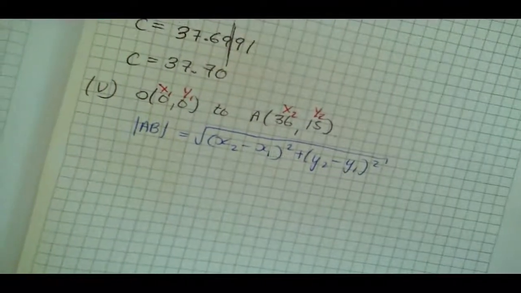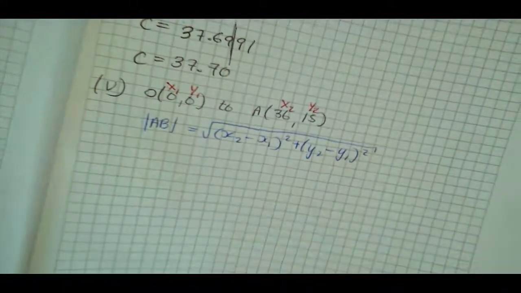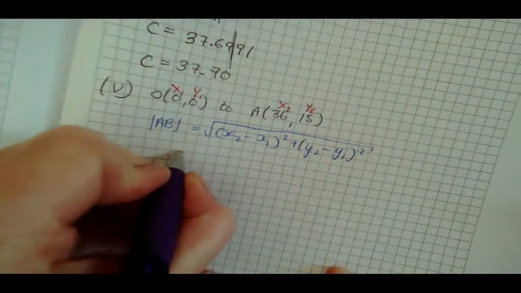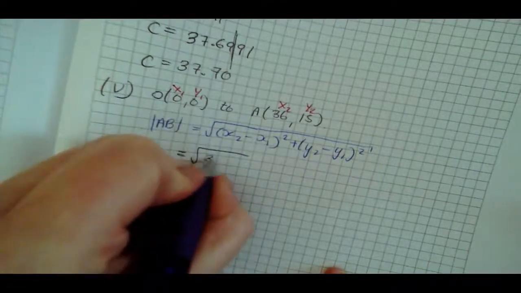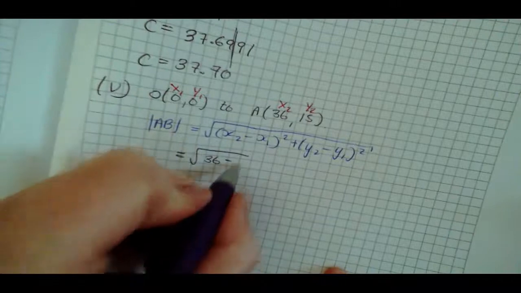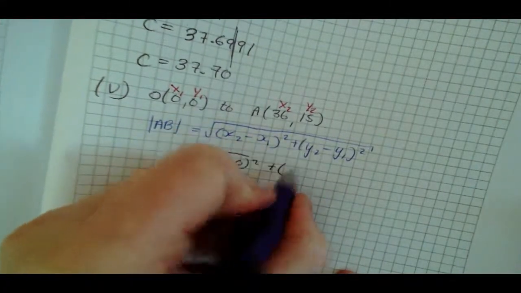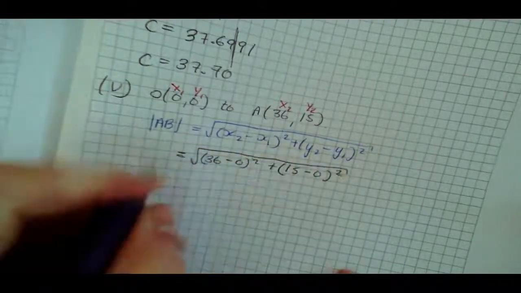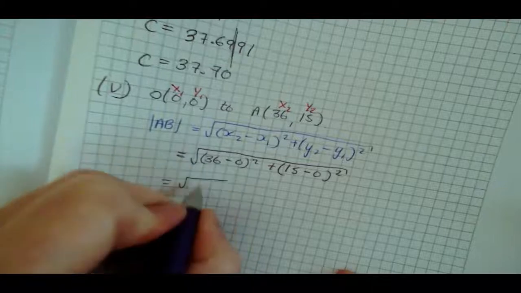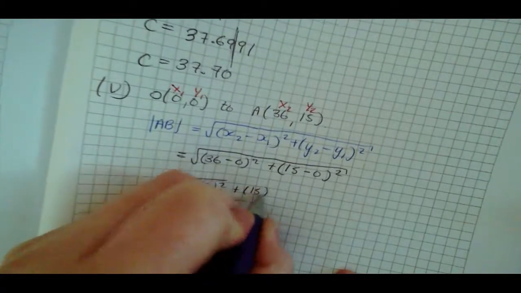So if we sub into our formula then, the distance is equal to the square root of x2, what we label x2 is 36, minus x1, which is 0, all squared, plus y2, what we label y2 is 15, minus y1, which is 0, all squared.